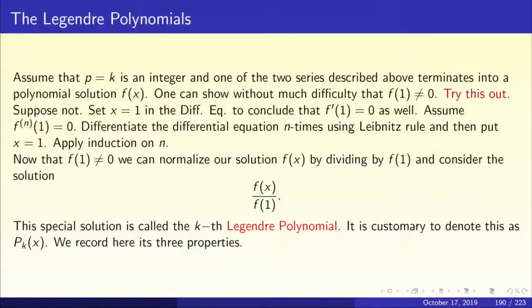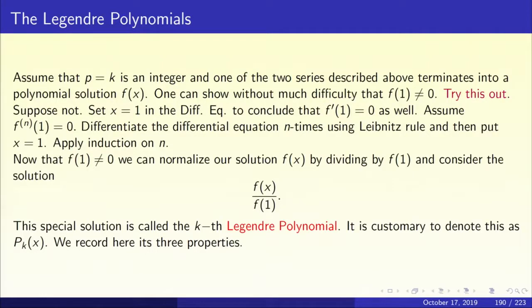But y prime of 1 is 0, y of 1 is 0, y double prime of 1 is 0, and so the Taylor series is 0 identically. So y of x is identically 0, and that's a contradiction. So I have completely walked you through this proof that when you have a polynomial solution, that solution is not going to be 0 when you put in x equal to 1.